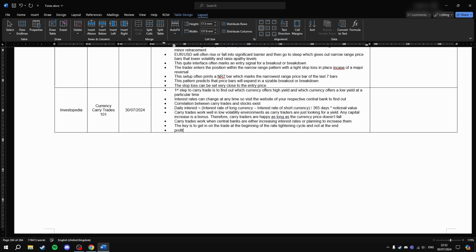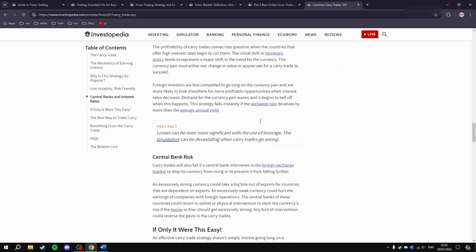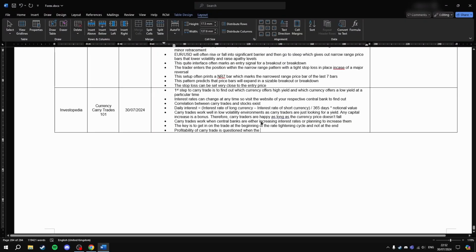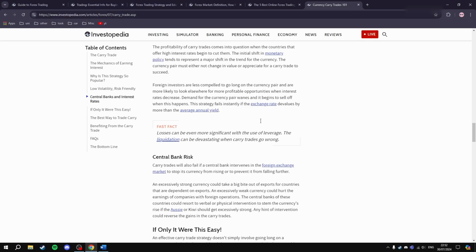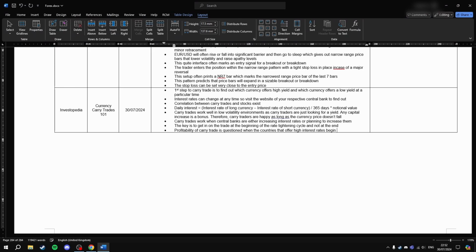Profitability of carry trade is questioned when the countries that offer high interest rates begin to cut them.